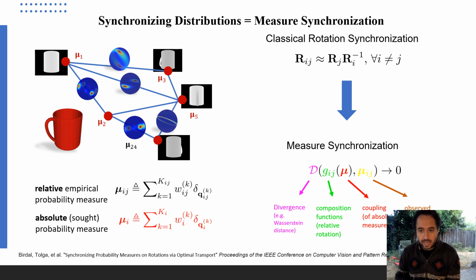As you see here, we have the absolute measures from which we could compute the relative ones, and then we are also given the observed relative measure, and we are seeking a divergence between them, and we are seeking to minimize this.